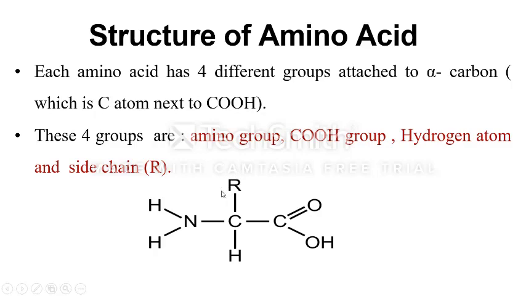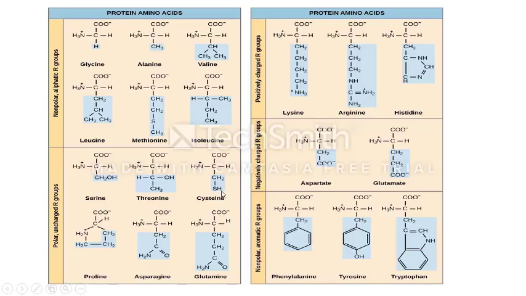So here you see the different amino acids: glycine, alanine, valine, leucine, methionine, isoleucine. There are 20 amino acids that make up these proteins, and their structure is mentioned here. Some of these are non-polar. So here you see all of these are non-polar with aliphatic R groups.